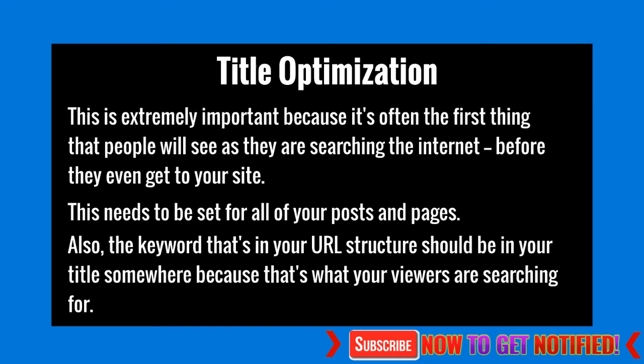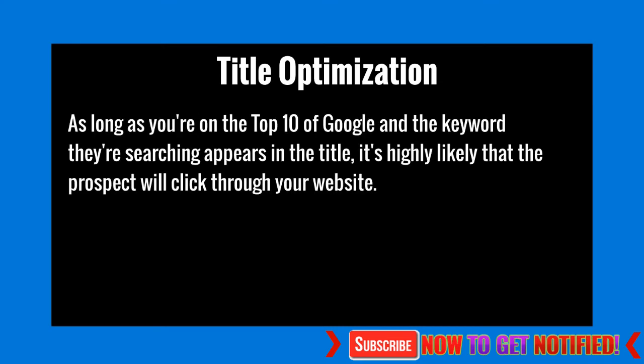They don't really care about you. They care more about the customer, who is the person searching, right? So as long as you're in the top 10 of the Google search engine for that keyword, and that keyword is appearing in the title, it's highly likely that the prospect will click through to your website.